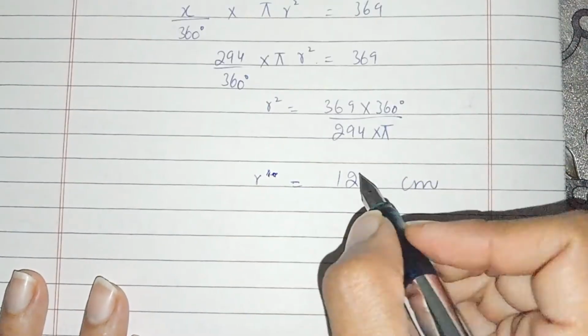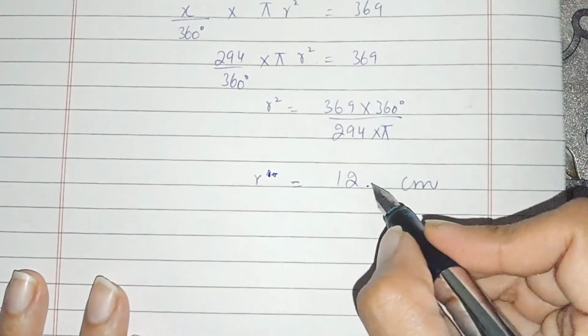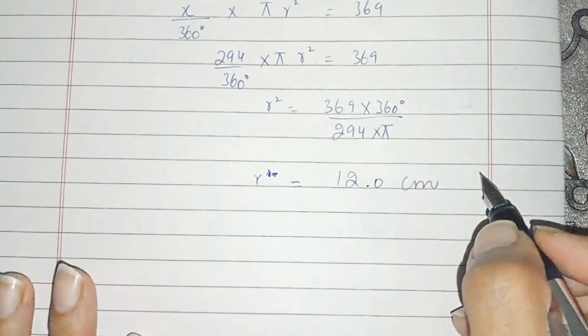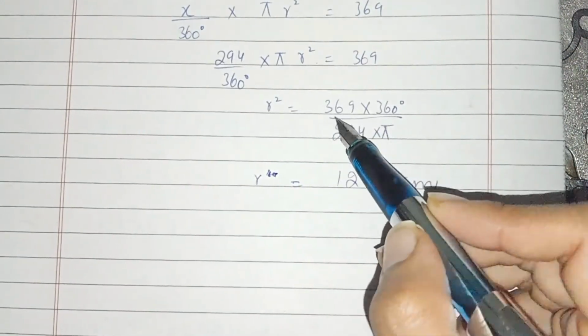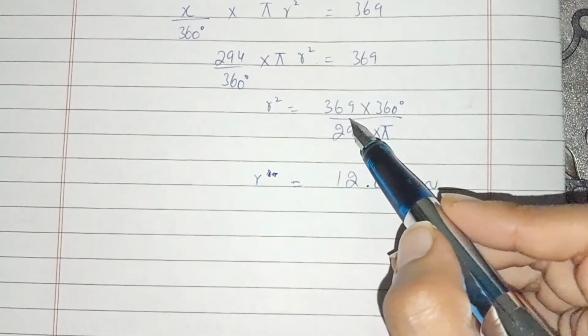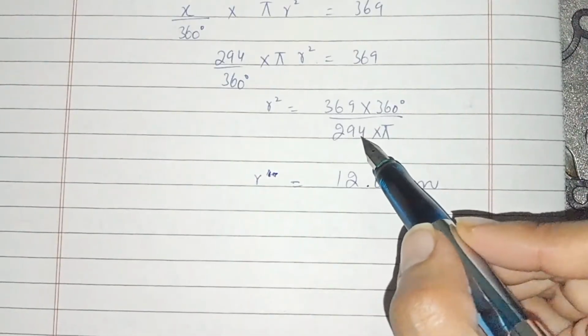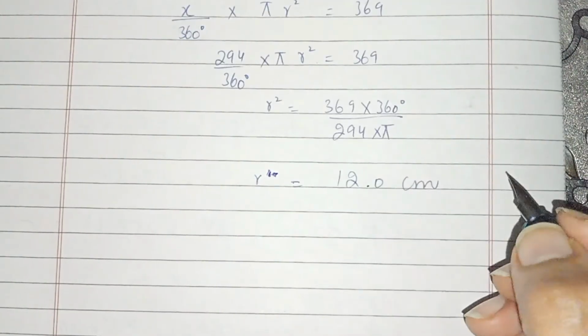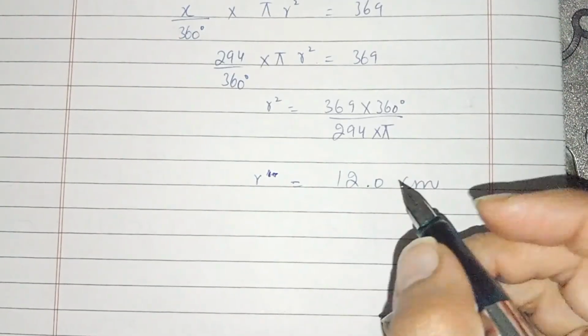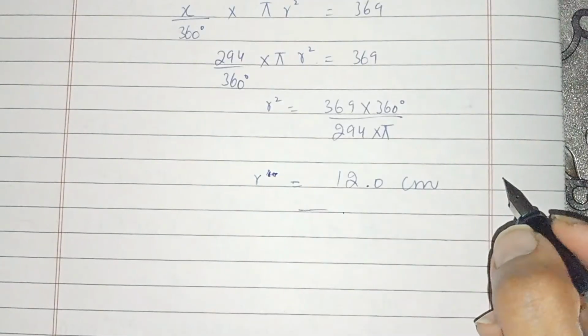The answer of r is 12 centimeter. First we multiply 369 by 360 and divide it by 294 and pi, and then we take the under root and we get 12. Now students, part number B is solved.